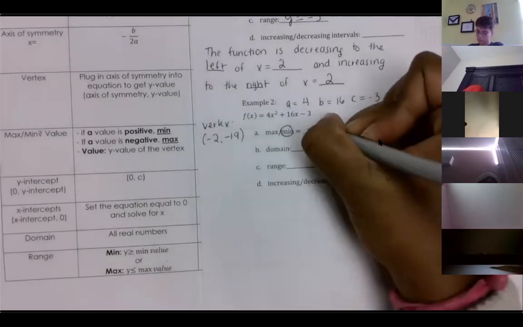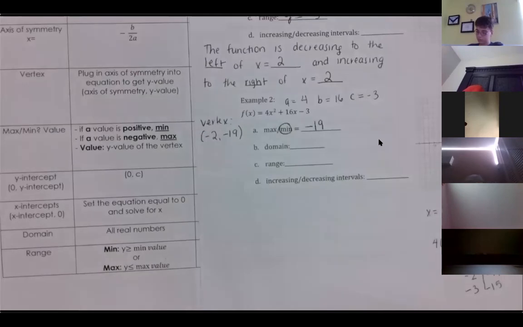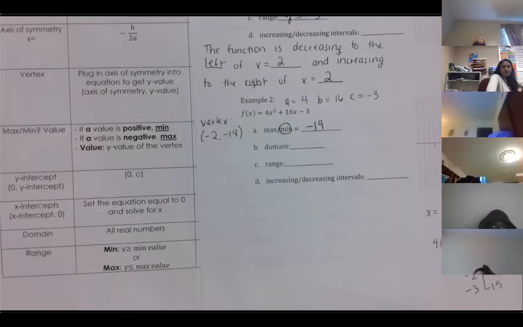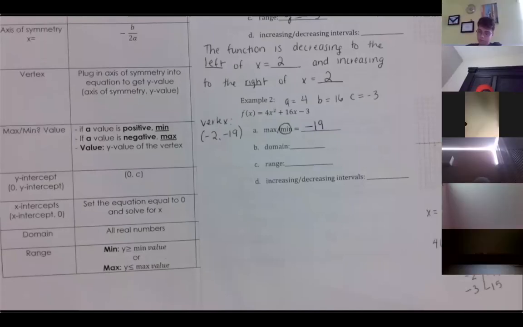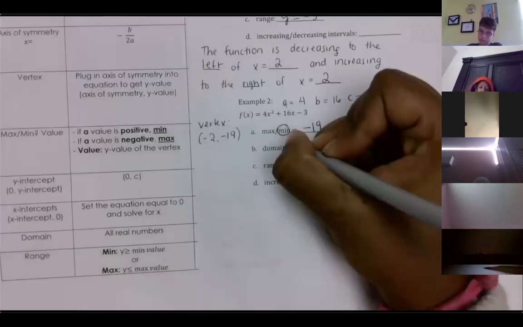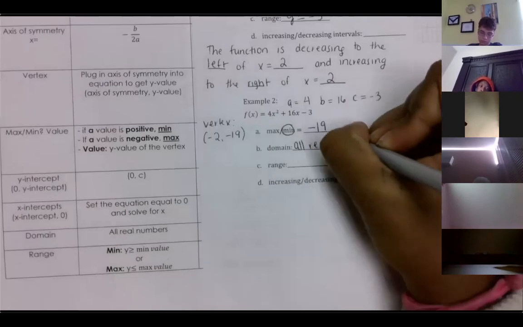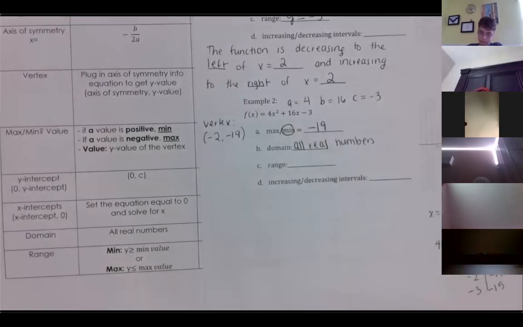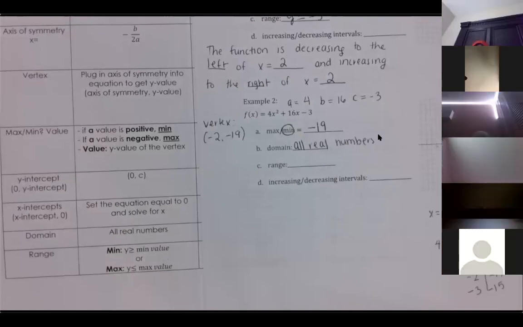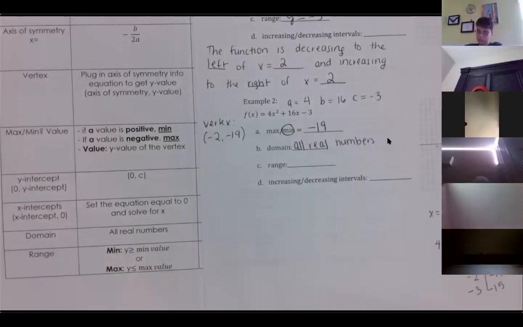Good. Good job. All right, what's the domain going to be? What do you think, Natalie? Wouldn't it be all real numbers? That's always a freebie because domain will always be all real numbers for quadratics. Good. What is my range going to be? What do you think, Fressalum?